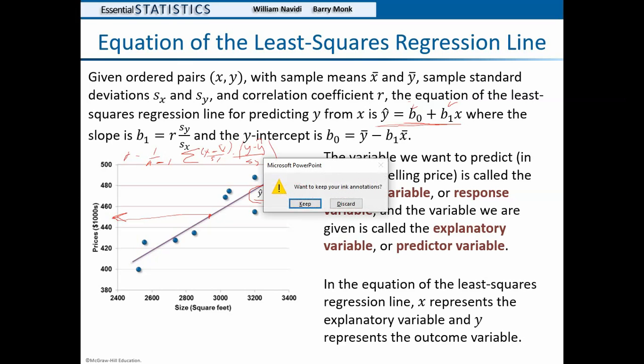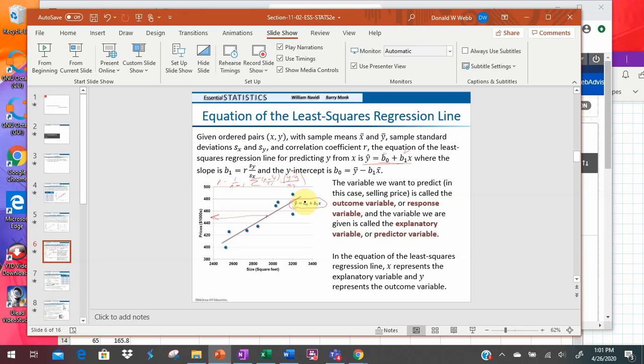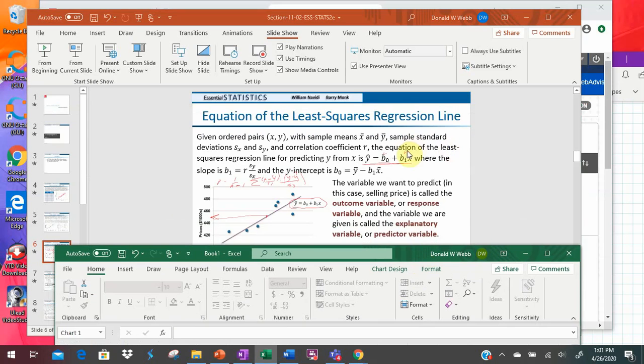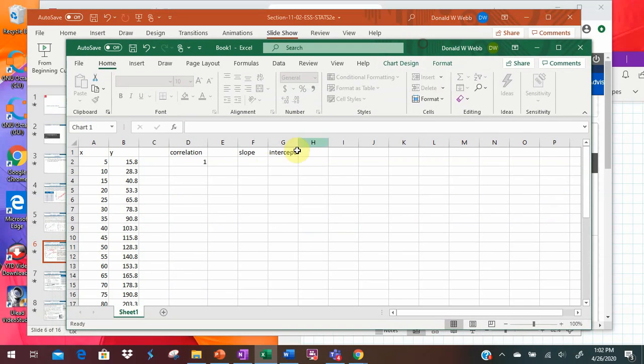Okay, so we have all of those. Let's go back and add this. I want to go back to my Excel. Now remember, I called this B1 the slope, and this the intercept. So I went right here, and I want to see how we can do that in Excel. It turns out it is just like we see it: equals SLOPE, S-L-O-P-E.